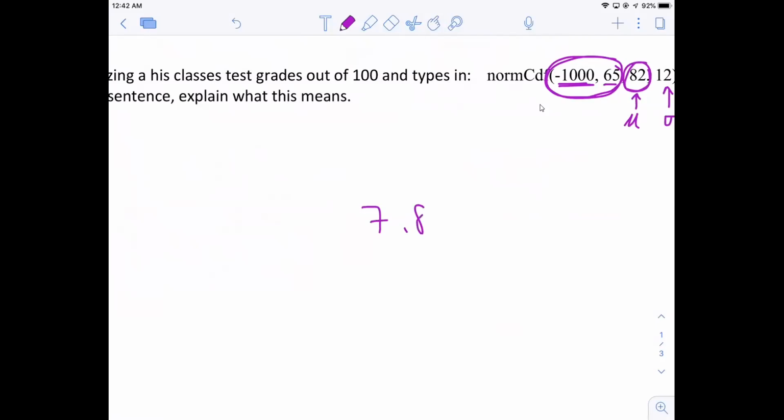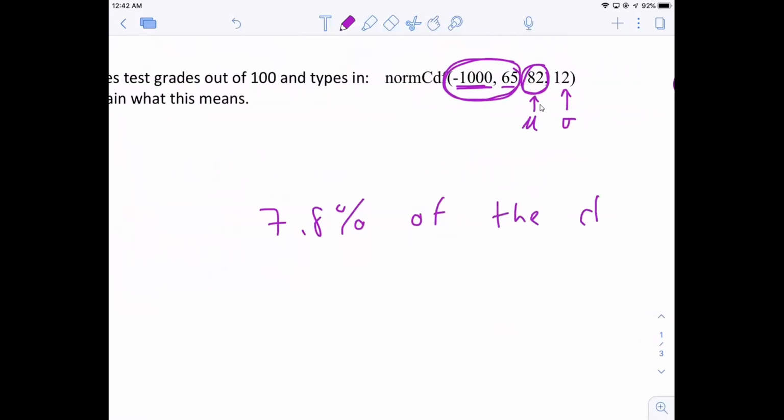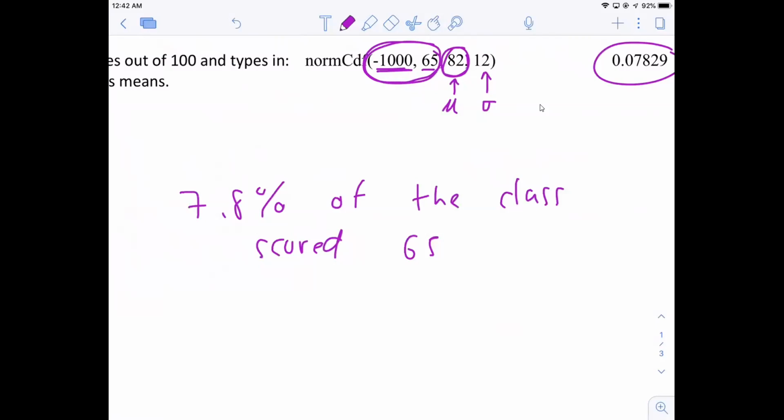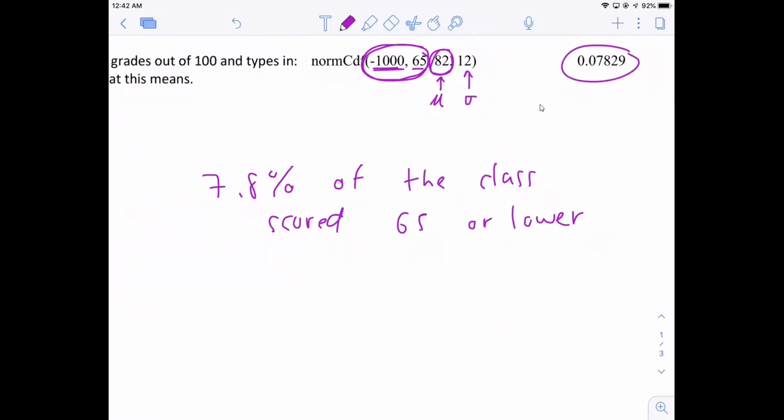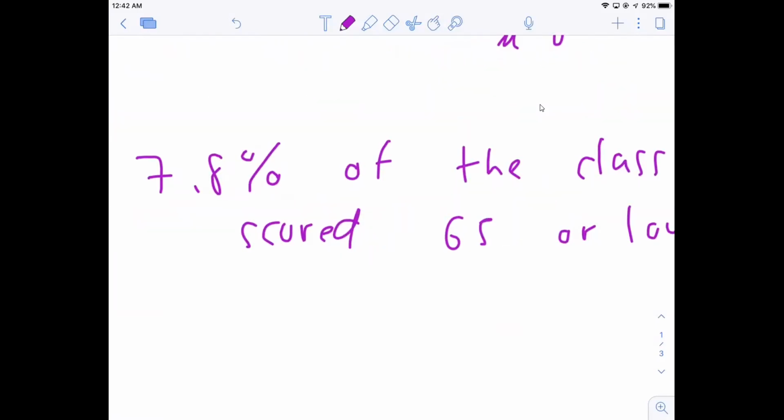So 7.8% of the class scored 65 or lower. In other words, 7.8% of the class failed. Well, actually, I guess scoring a 65 is not failing.